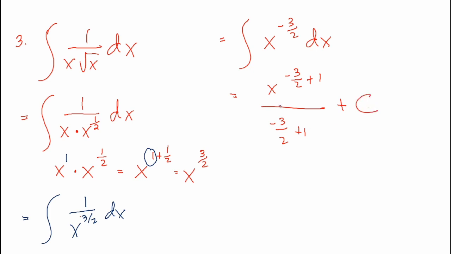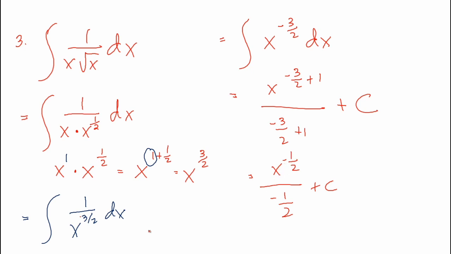Now, we will simplify our answer. Negative 3 halves plus 1 is negative 1 half, so that is x raised to negative 1 half over negative 1 half, plus c. But that is not finished yet because we have to simplify it.